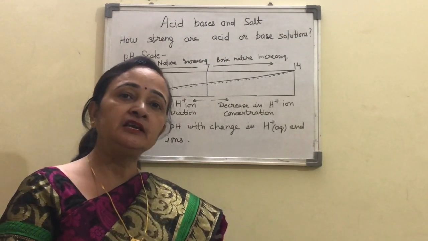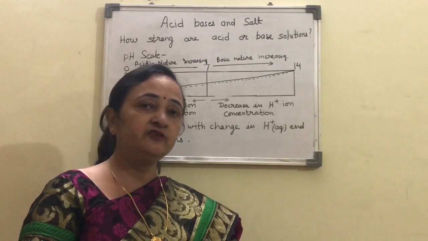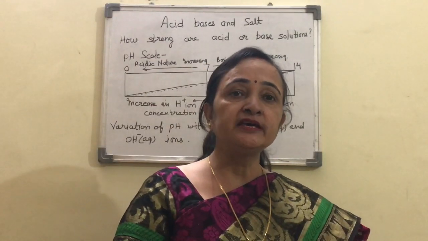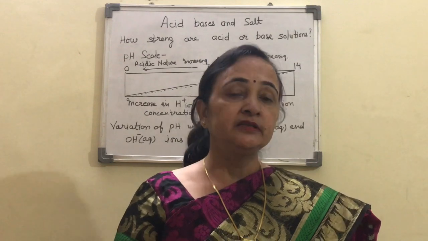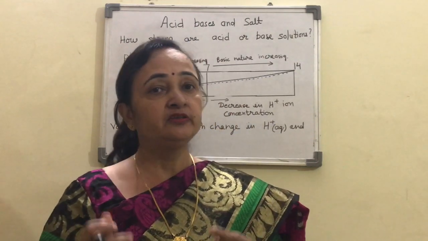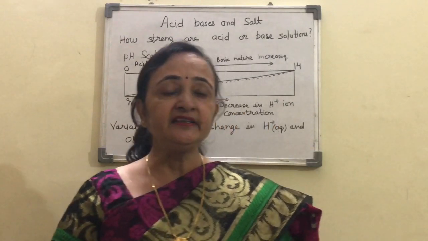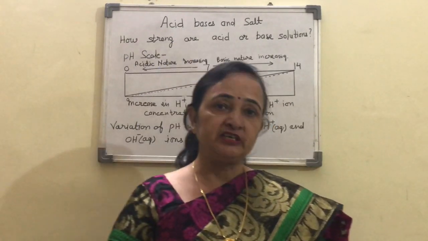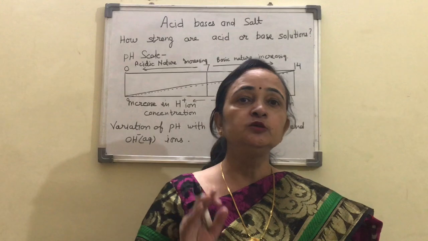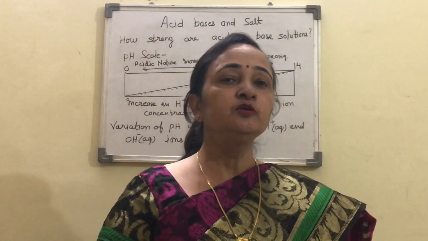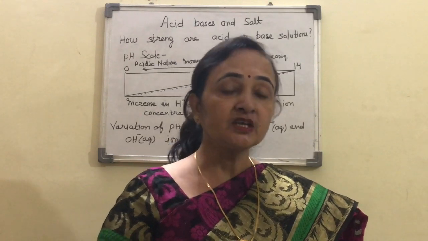Suppose we are given 3-4 acids and 3-4 bases, and we have to find which one is the strong acid and which one is the strong base. How can we do so? That is what we are going to study today. To understand this, there is a special type of indicator known as the universal indicator. Till now you have not studied about it.